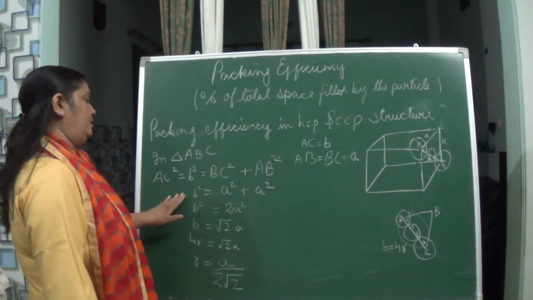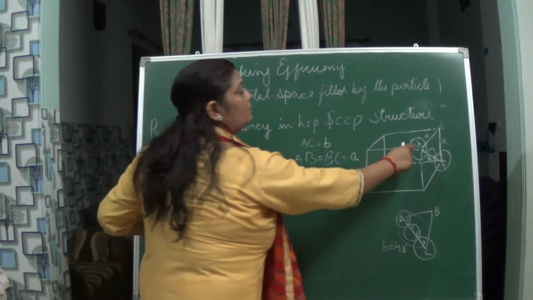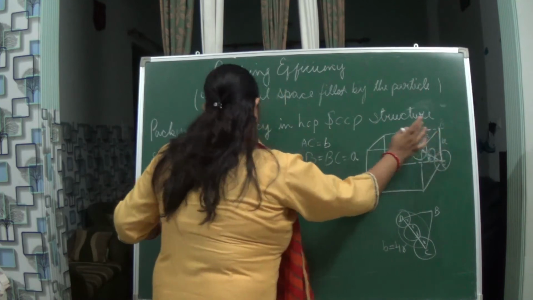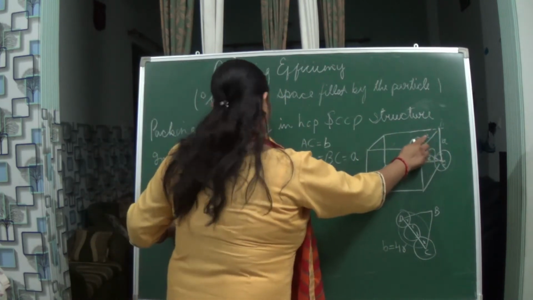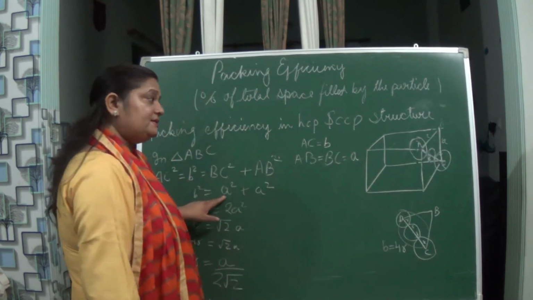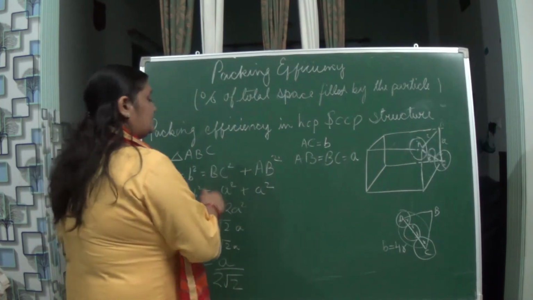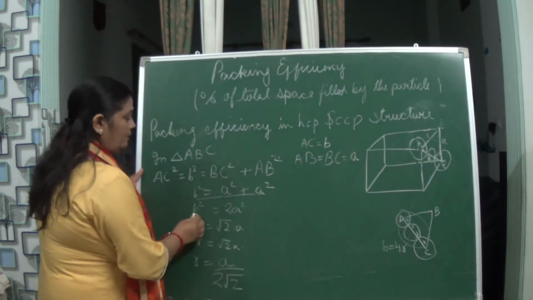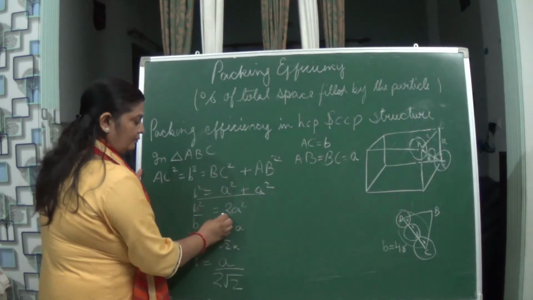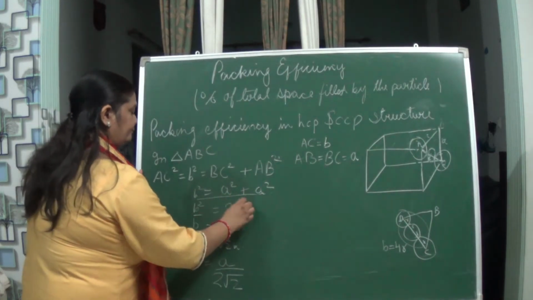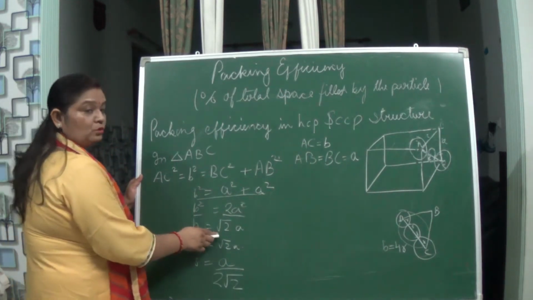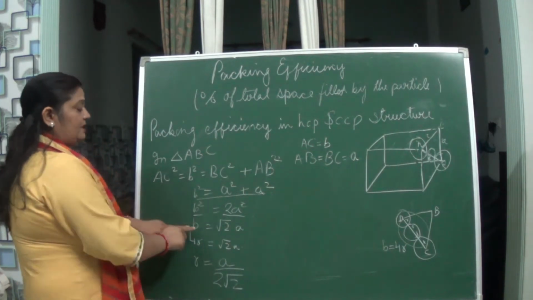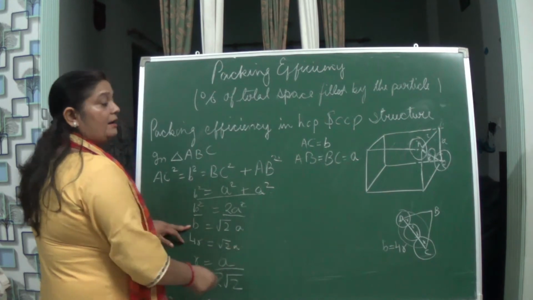Now I had named it small a, and this is similar. So B square will be this a square plus this a square, so B square will be 2a square. Now removing the square, B is equal to root 2 a.